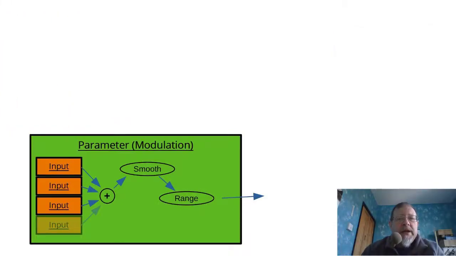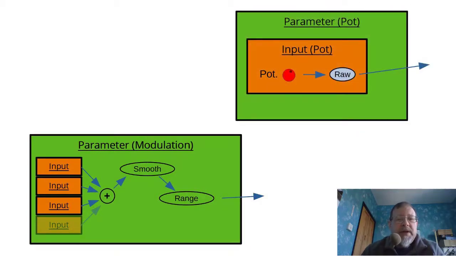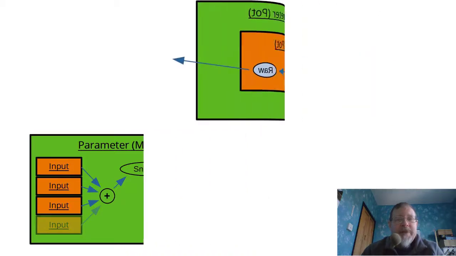We have a modulation parameter that has a pot and can have modulation from envelopes, LFOs, etc. And we have a potentiometer kind of parameter, which just takes the current pot value, converts that into some number and applies that.